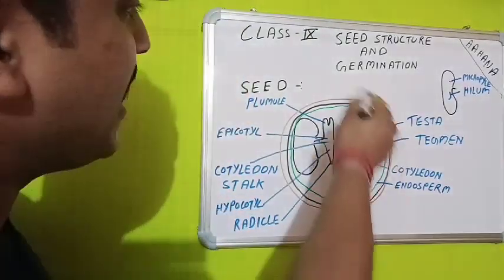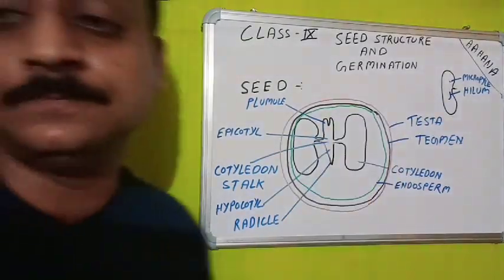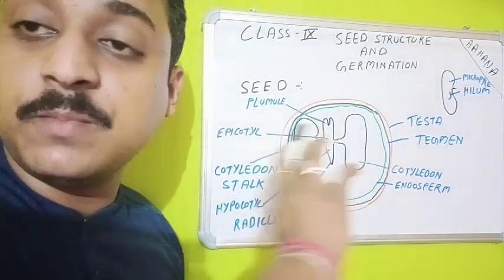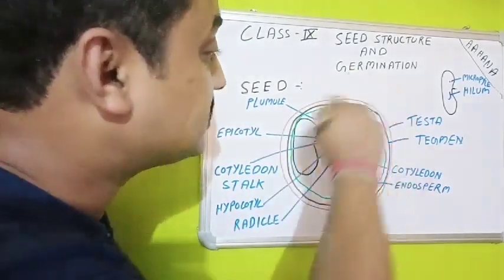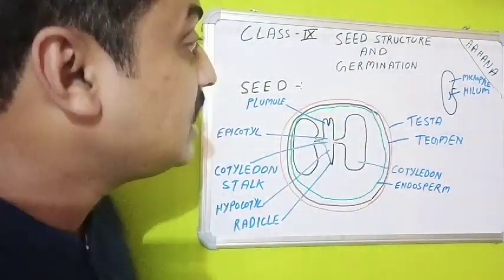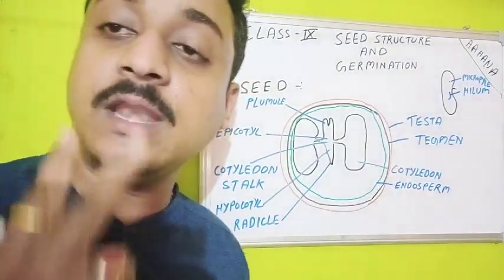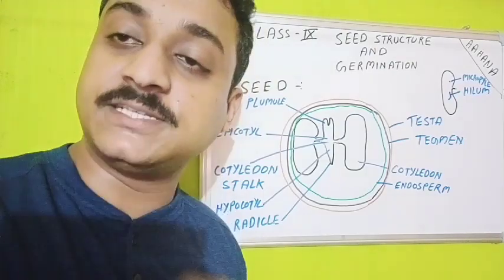Here I have made a structure of seed, and I have tried my level best to make you understand what is present in it. Here I have also made a very small structure of seed to explain two things that are present in the seed.